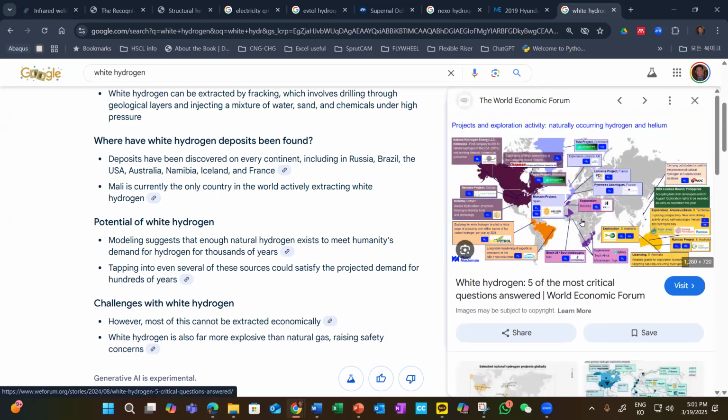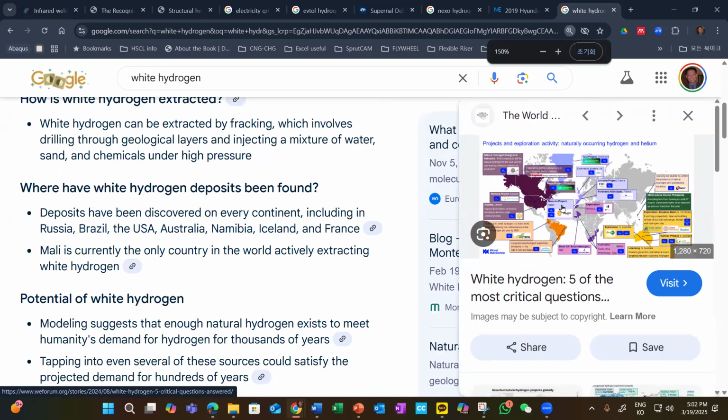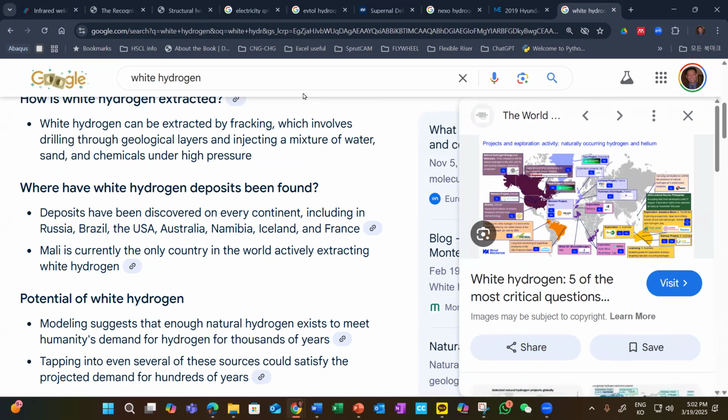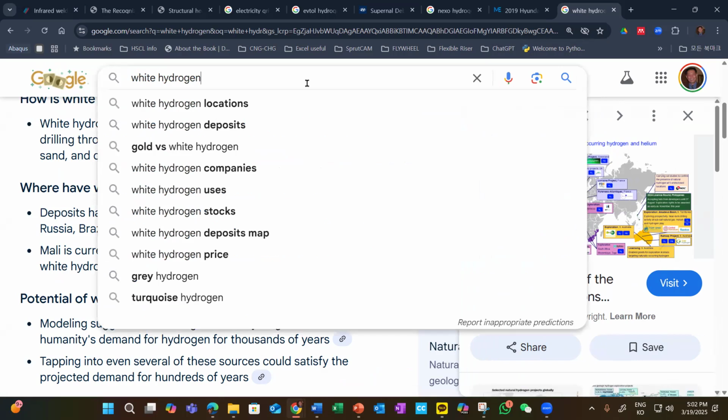Several decades ago, they found some hydrogen from the Earth. This is not new, but at that time they didn't have any idea how to use the hydrogen, so they just neglected the white hydrogen.